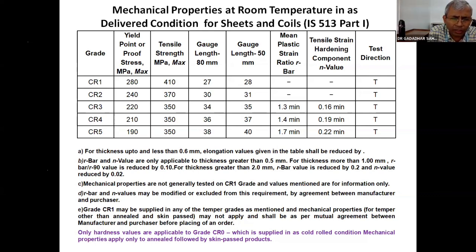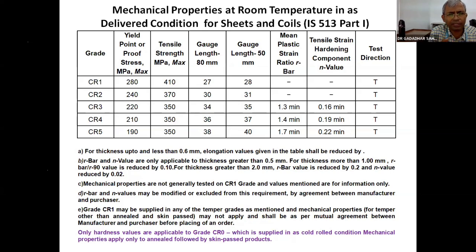But from the normal tensile engineering stress-strain curve, you cannot calculate it. That only shows what the elongation is, what your toughness value is, what your YS value is, what your UTS value is. There only you will get that.